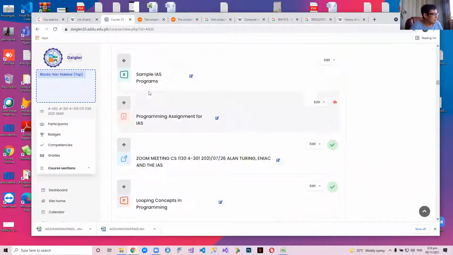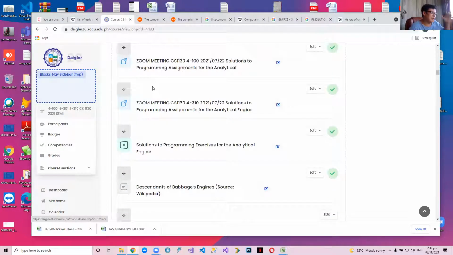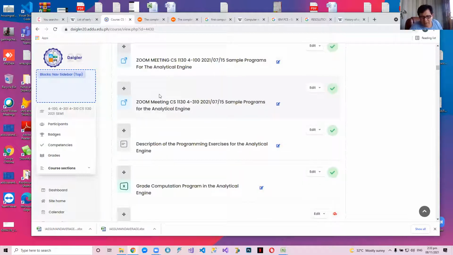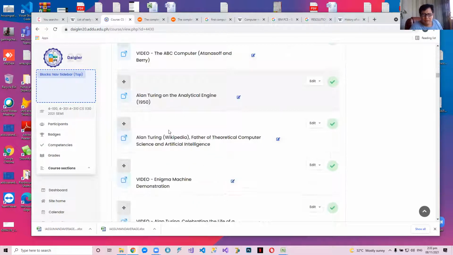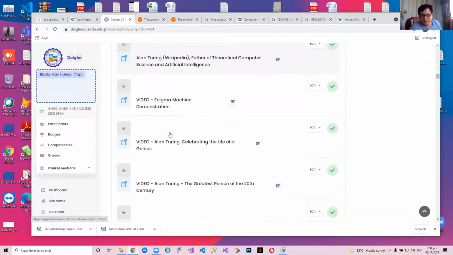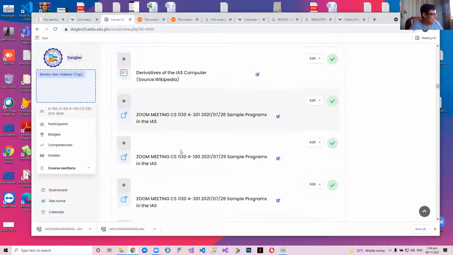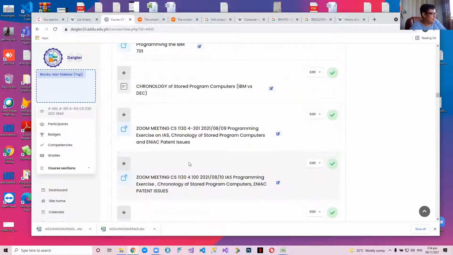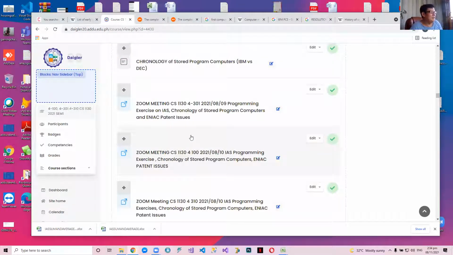The assignments are programming assignments. Do you follow? There's no practice test yet. I'm going to give you the practice test next week, okay? Does that answer your question? Maybe there are tests that are to follow, but they belong to a different set of topics. Ibang topics na yon, okay?